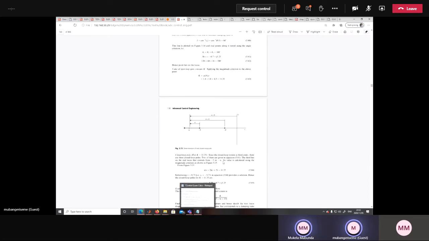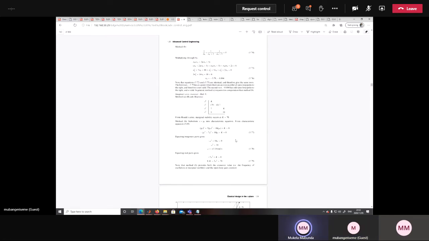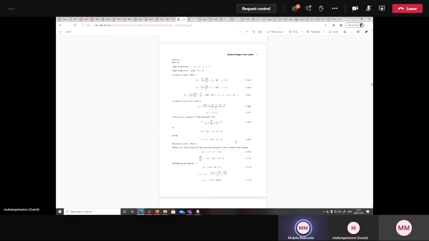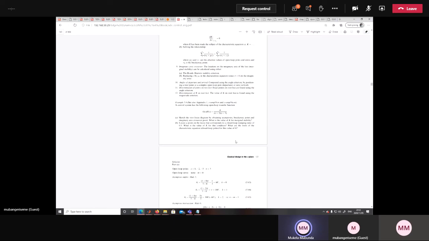When I differentiate, I get a second order, and with the second order, I now get two poles, which are negative 3.9379 and negative 0.84, which is underdamped. No, I'm just differentiating the denominator of the equation. Yeah, so those are your breakaway points.